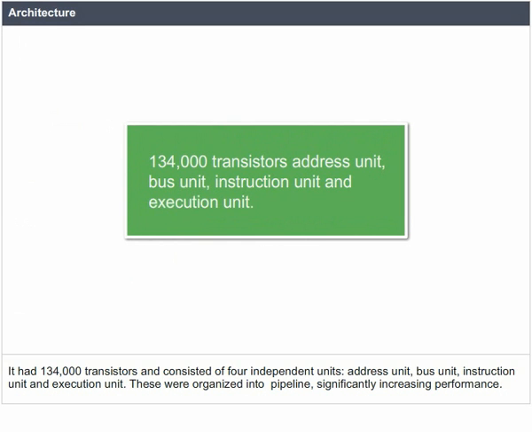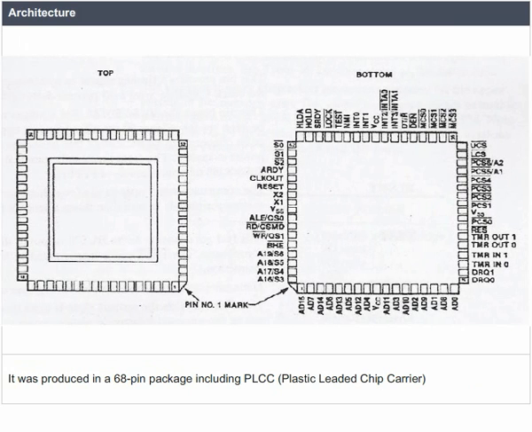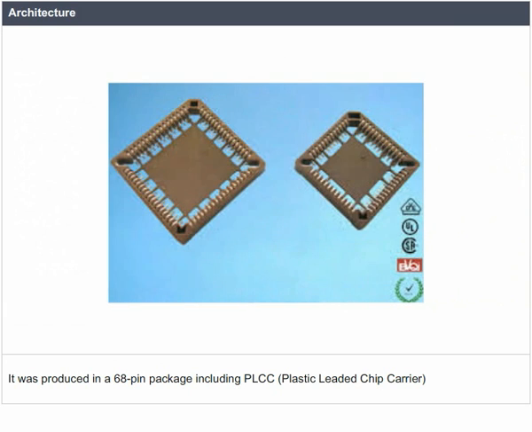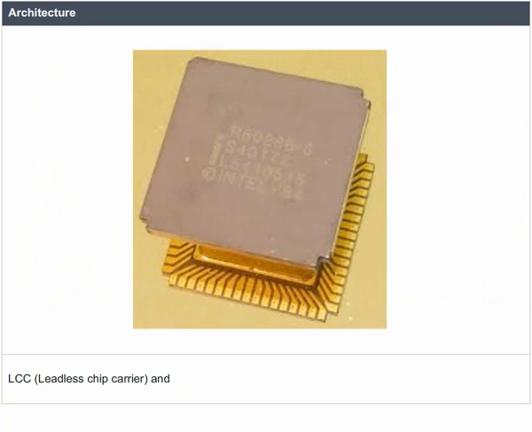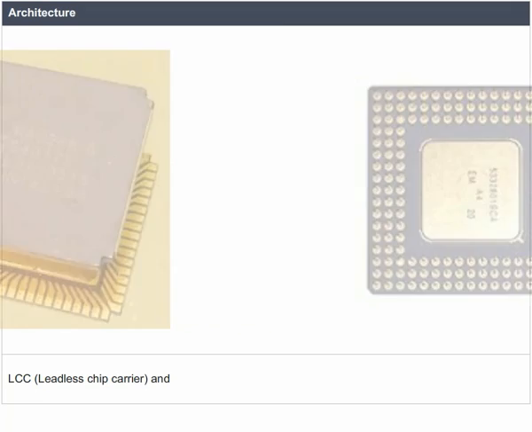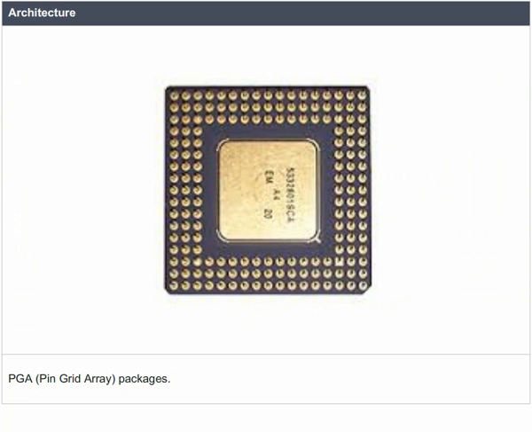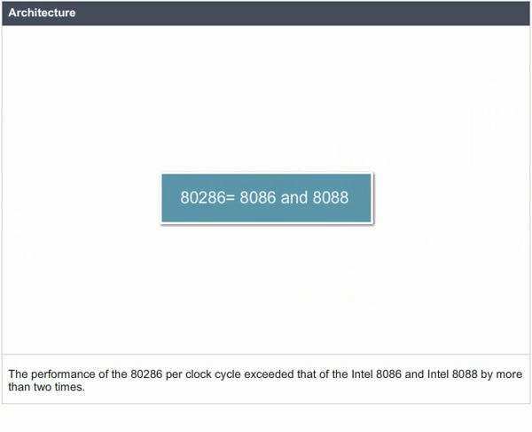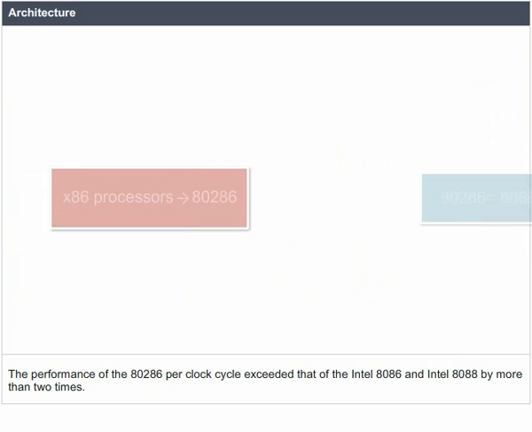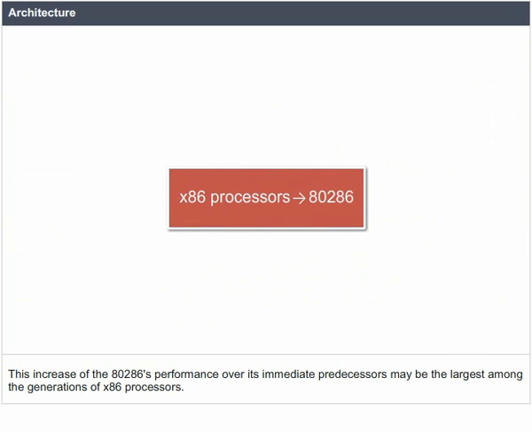It was produced in a 68-pin package, including PLCC, plastic leaded chip carrier, LCC, leadless chip carrier, and PGA, pin grid array packages. The performance of the 80286 per clock cycle exceeded that of the Intel 8086 and Intel 8088 by more than 2 times. This increase of the 80286's performance over its immediate predecessors may be the largest among the generations of x86 processors.